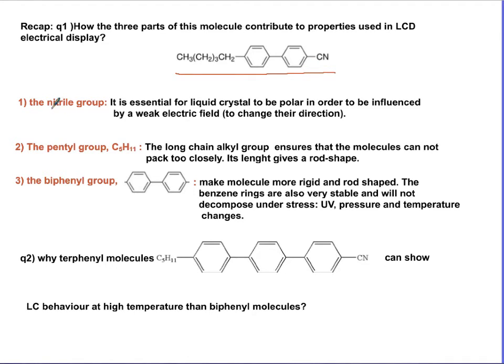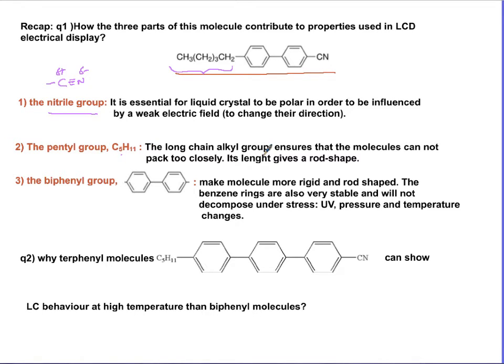So the first, which I told you, is the nitrile group, the carbon slightly positive, nitrogen slightly negative. It's essential for it to be polar, so we can play with it with voltage and change its direction. In one direction, light gets transmitted through, in another direction, it's dark. The other part is the pentyl group, 5 carbons and 11 hydrogens, not rings.